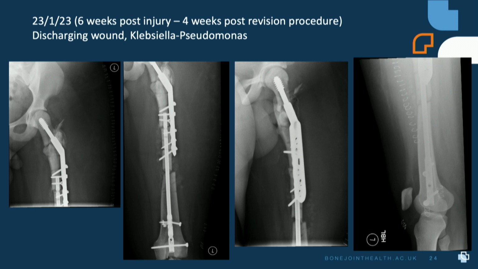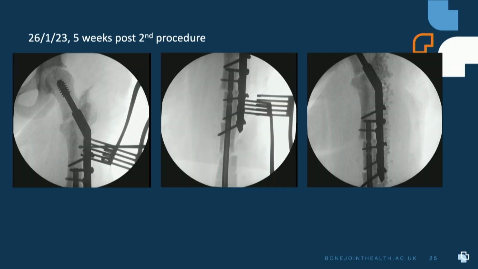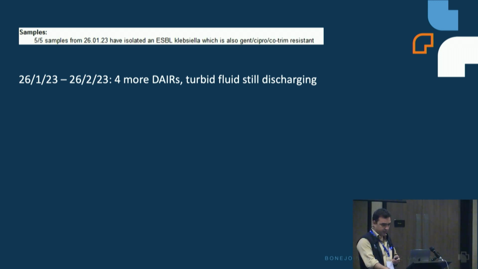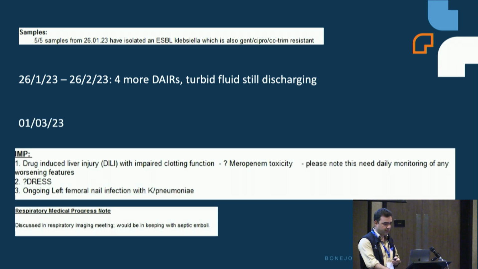So we did a generous debridement, Vanc and Gent generous quantities, and then it gets worse. Still discharging, 4 debridements, and new acronyms that I've never heard about. DILI, drug-induced liver injury. The patient was getting worse, was getting septic, was getting tachycardic, had a weird presentation, but the wound was getting better.